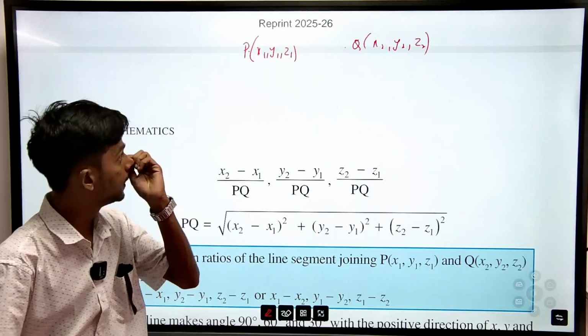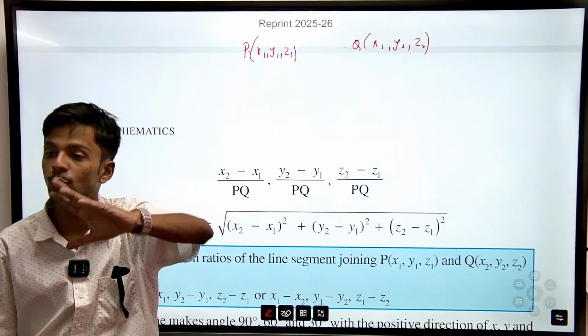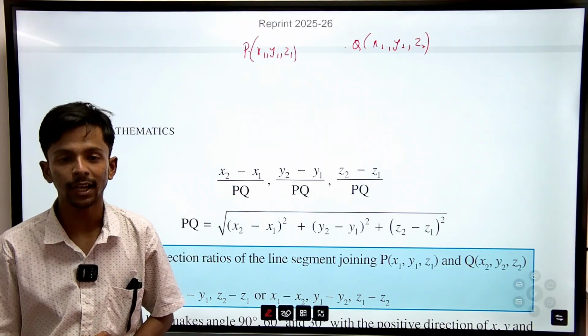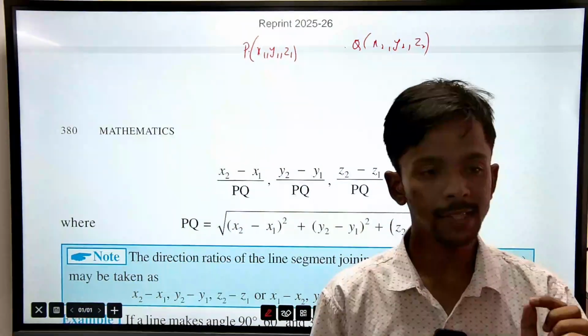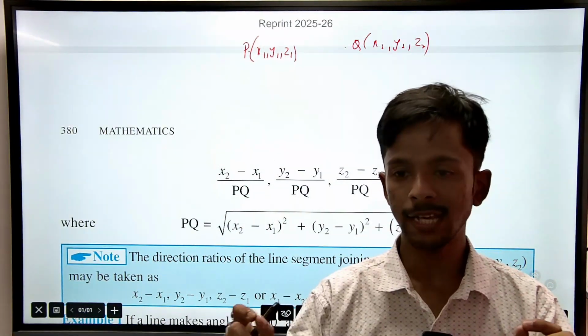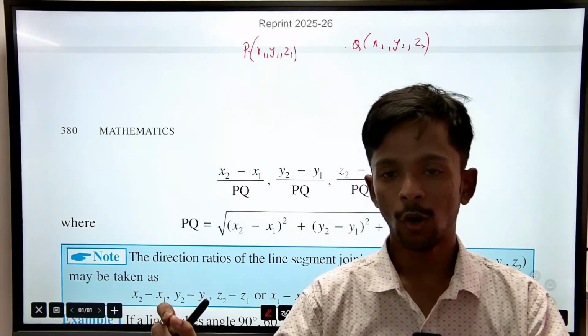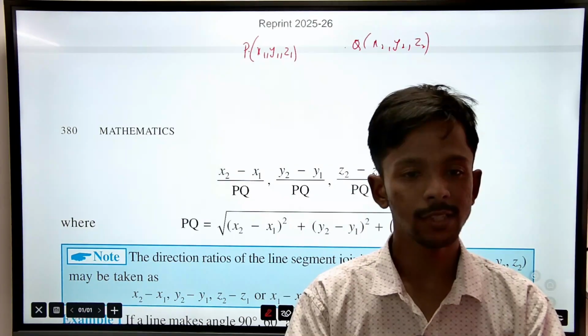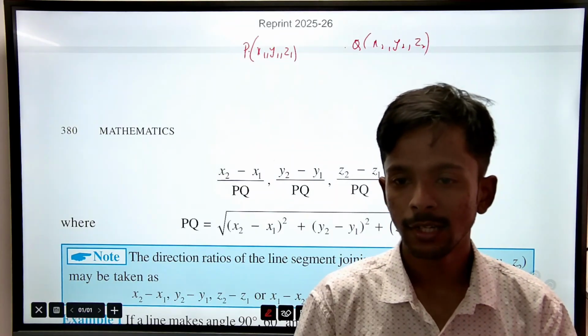Now, pay attention. You know how to find the direction ratios between 2 points. Last class we wrote it. If the 2 points are given, P and Q, P is x1, y1, z1, Q is x2, y2, z2. Now, how can you find the direction ratio of the line that is joining these 2 points? x2 minus x1, y2 minus y1, z2 minus z1. Yes or no?